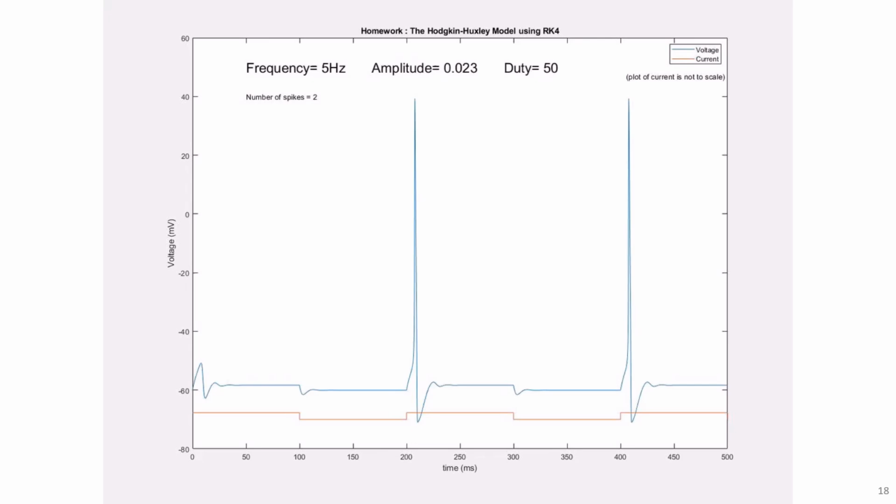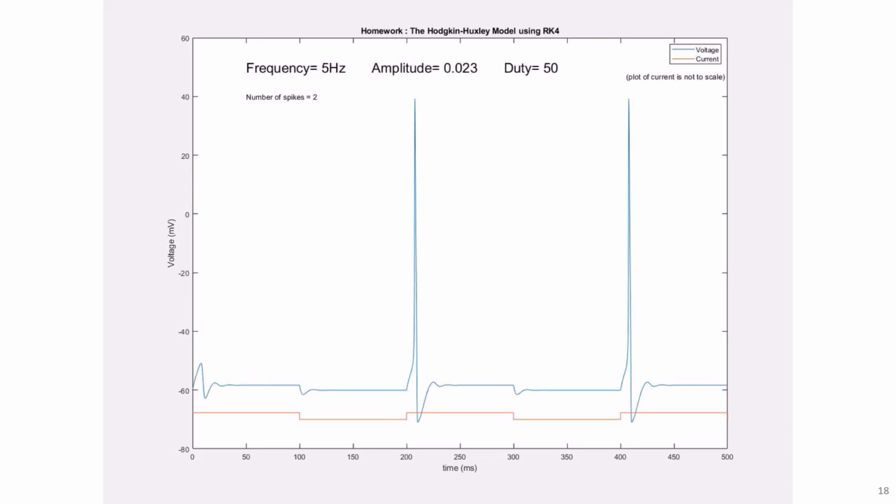That's what I saw in the sinusoidal current case, that as I was increasing the frequency, it was becoming easier and easier to spike, with less and less amplitude of current, but beyond a certain level, like when I got to the 100 hertz point, more amplitude would be required to make it spike, and that's what is happening here.